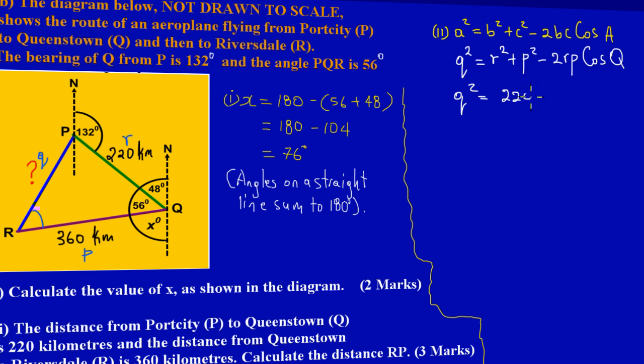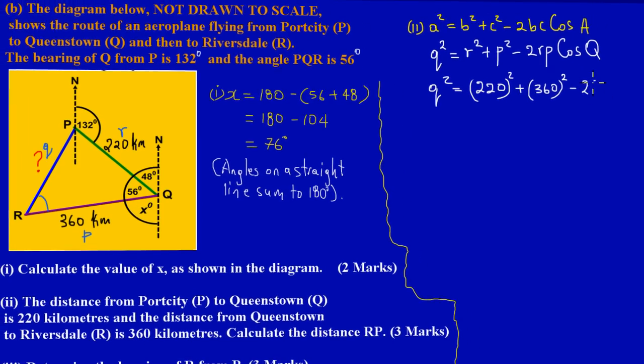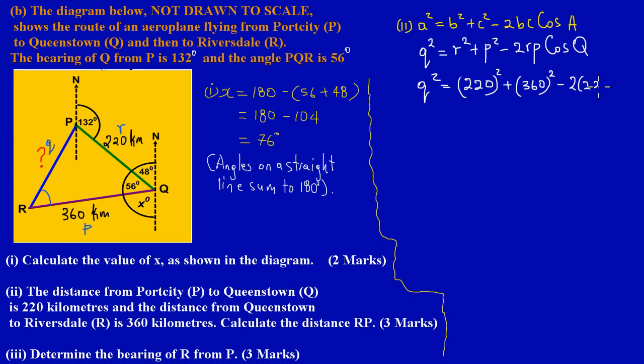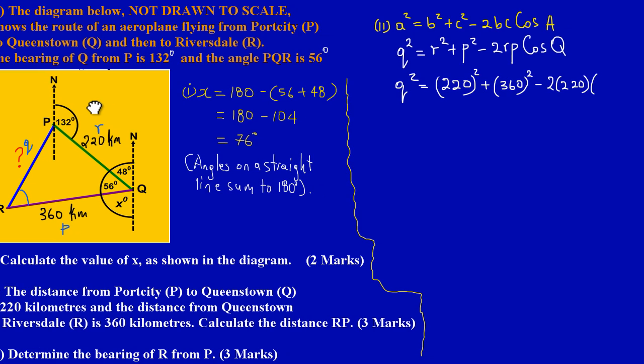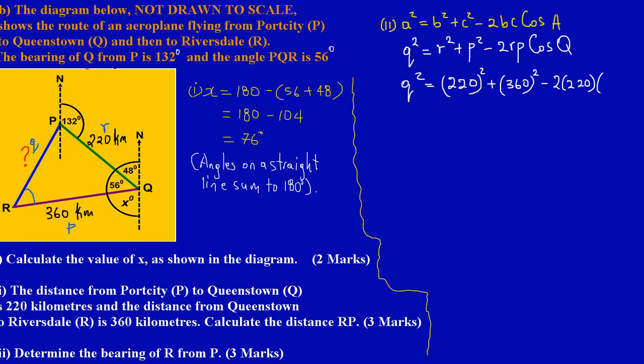So I'm saying 220, but that is being squared, plus 360, and remember 360 is also being squared, and I'm subtracting 2 times 220 times 360, close bracket, cos of 56. 56 degrees. So let's just pull this over some more because I think we need the space.